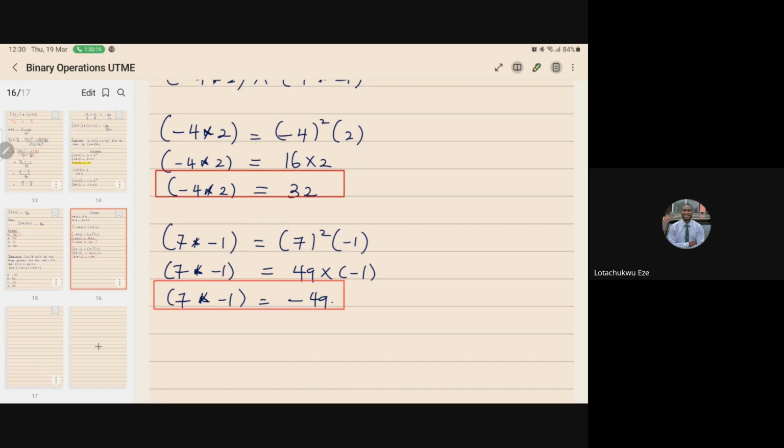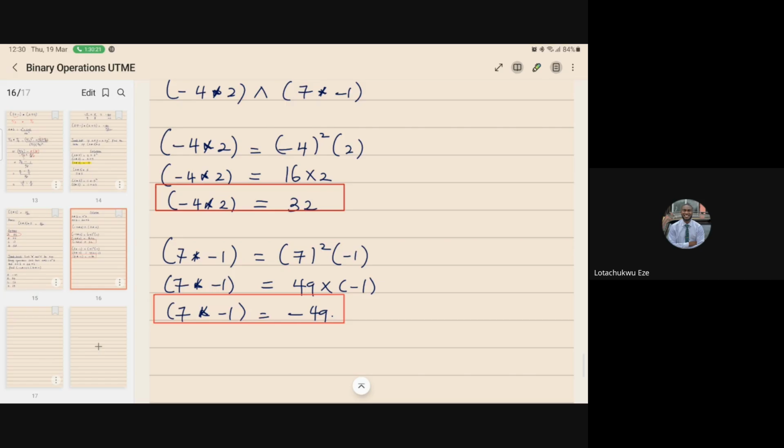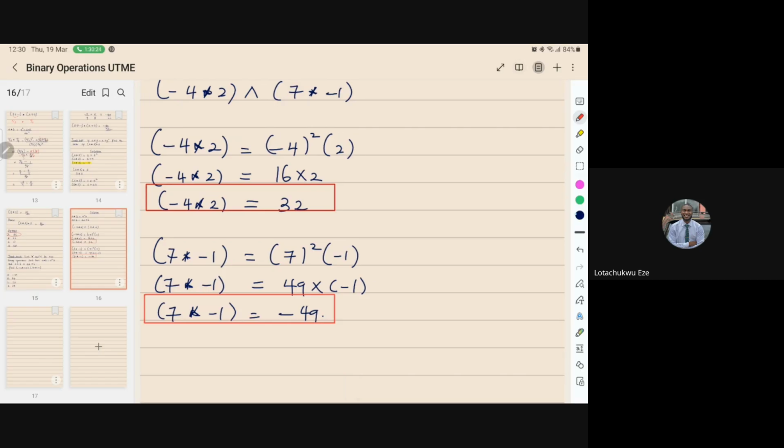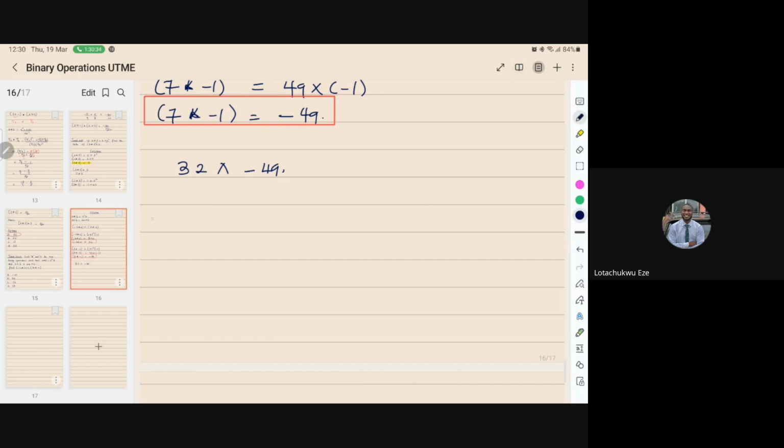Now, finally, we have a symbol in between the both of them, right? So this will now give us 32, the symbol, minus 49. And for that very one, we should recall that a * b is equal to 2a plus b.